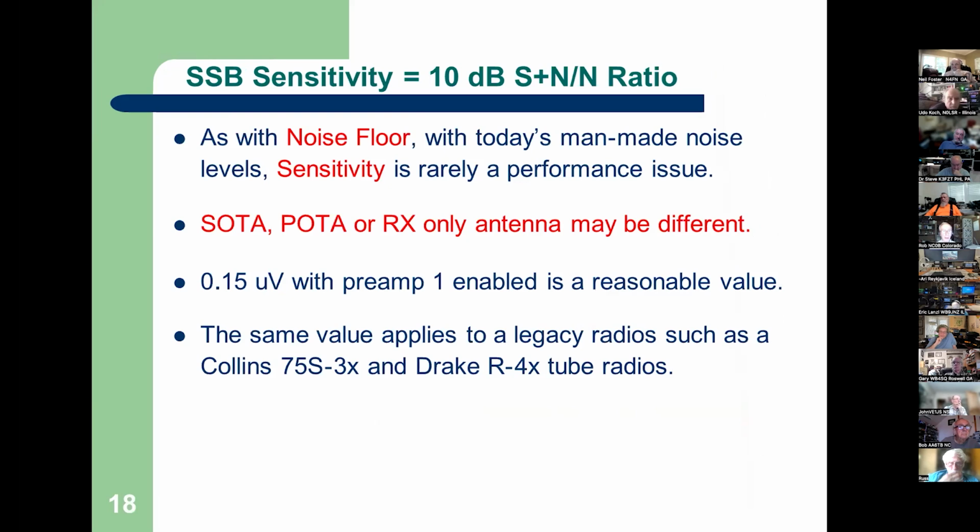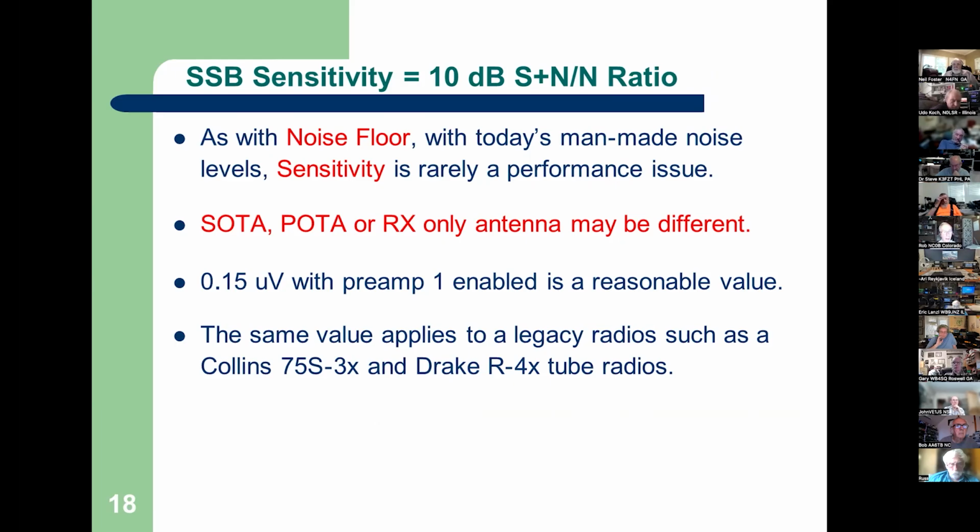Sensitivity, that's the microvolt value that I talked about earlier, but instead of being a 3 dB signal plus noise to noise ratio for noise floor, sensitivity is a 10 dB signal plus noise to noise ratio. What's a typical value that's more than adequate? Well, if we go clear back to a Drake or a Collins, of course, they didn't have a preamp you could turn on and off.